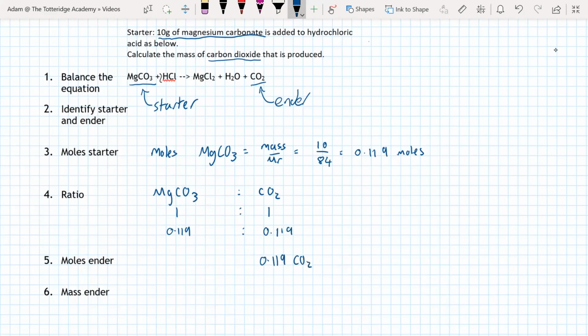To work out the mass, I do moles times Mr. That would be 0.119 times 44, because 2 oxygens is 32, plus another 12, brings me up to 44. Put it into my calculator, and I get 5.24 grams, or thereabouts.